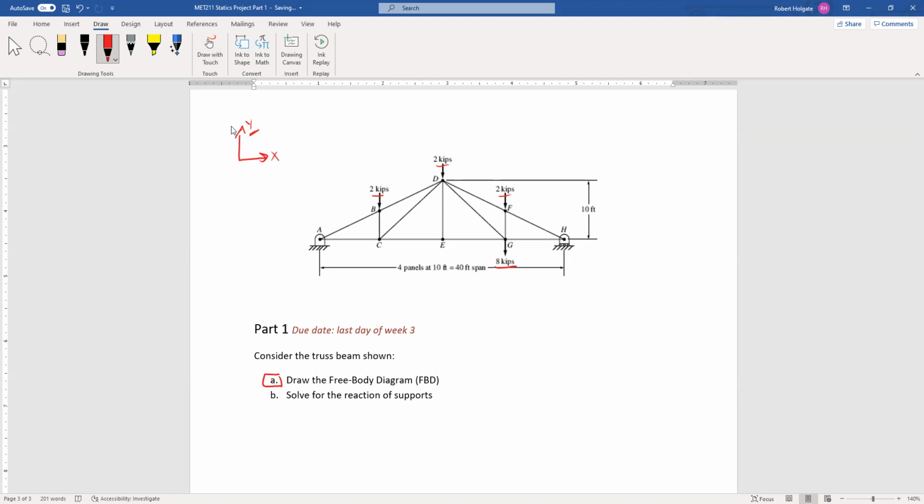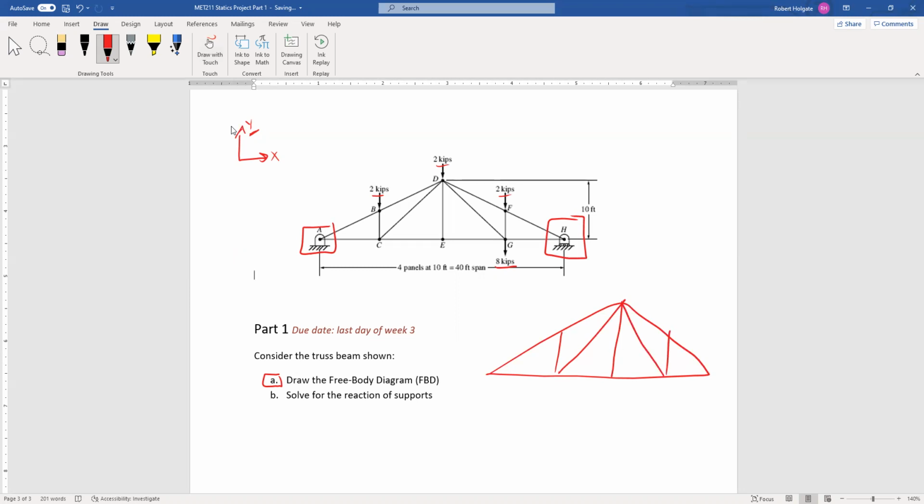For part A, draw a free body diagram: we need to replace anything that's touching our truss, and these ground connections like at A and H, we need to replace them with reaction force vectors. Your job for part 1A is to draw the truss with none of those ground reaction connections, but in their place will be the force vectors.